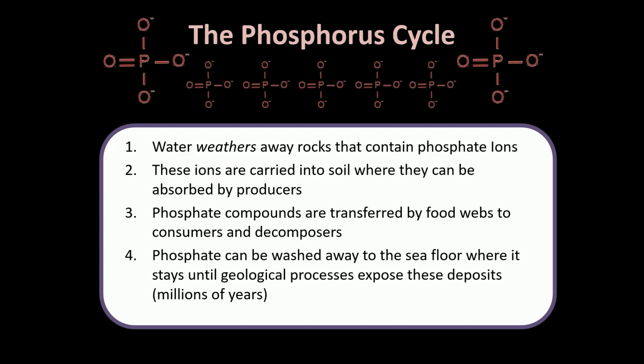These ions are carried into the soil, where they can be absorbed by producers, plants and algae and things like that. So you get this fresh influx of nutrients coming into the ecosystems in the floodplains. Phosphate compounds are then transferred by food webs to consumers and then finally to decomposers, because obviously the consumers create waste, the plant life leaves leaf litter and detritus around.